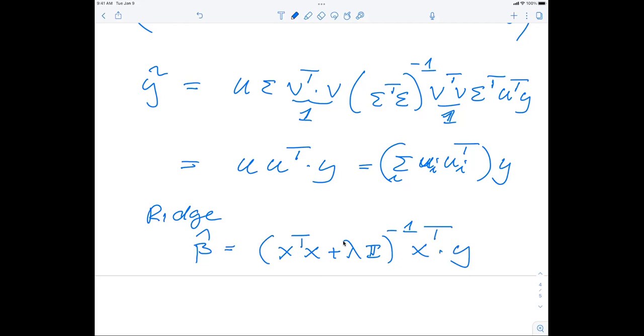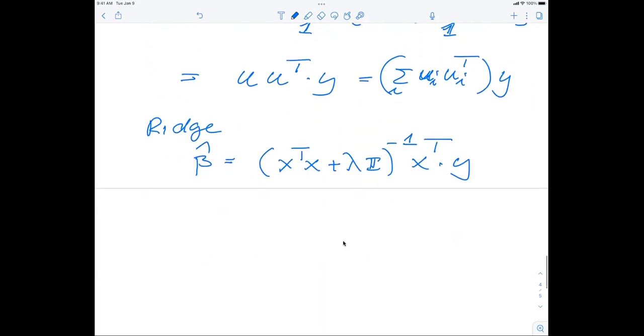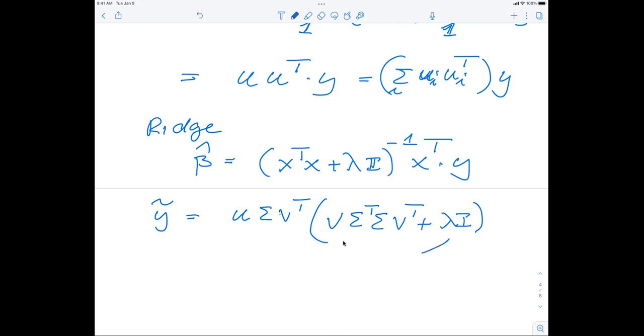Then I can repeat the same exercise which I did here. And if I do the same exercise, what I have now is a relation between y and the model and the data which I have. We are going to get U Sigma V^T. Now I'm just rewriting the matrix here in terms of V. And then I have Sigma^T Sigma V^T plus lambda I. And you see now I can rewrite this one in terms of V times V^T, inverse.